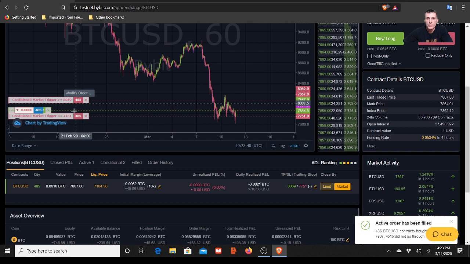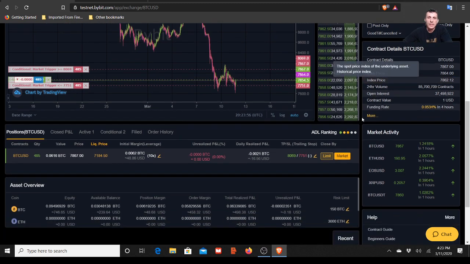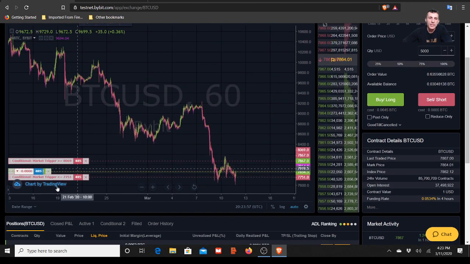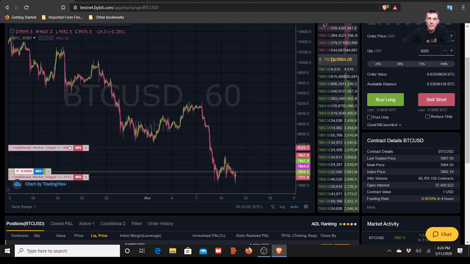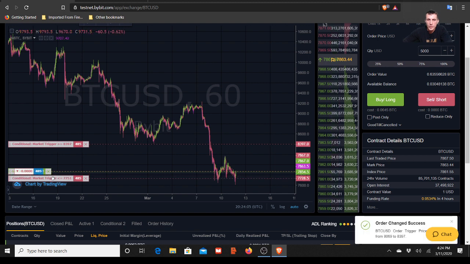There's my take profit, and there is my stop loss. So basically, you can grab this and you can move this over here and move it up here if you want. You can move your stop loss down here if you want.